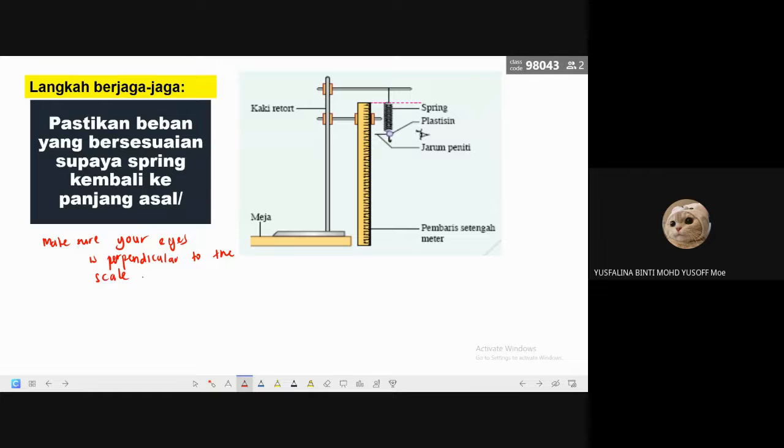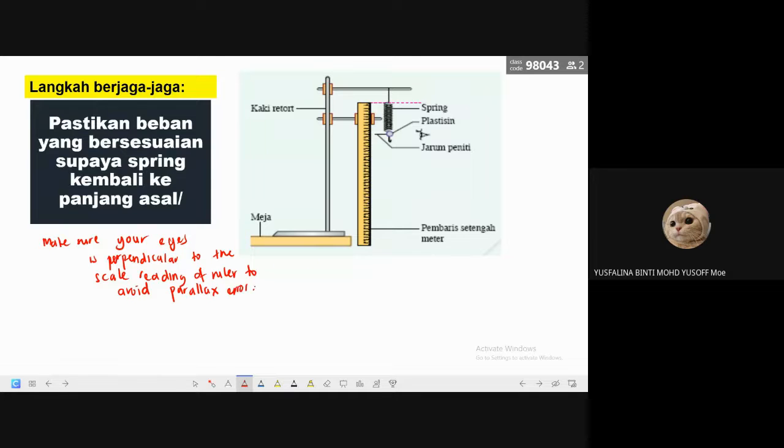You need to put the name of the apparatus you use. This one uses a ruler, so the scale reading of the ruler, to avoid parallax error.